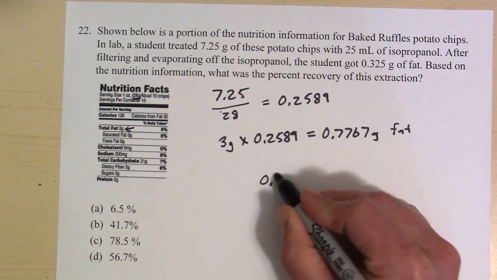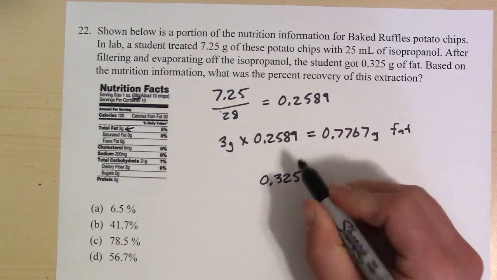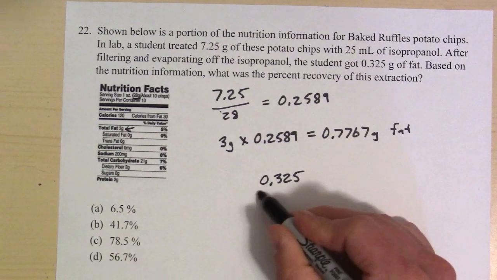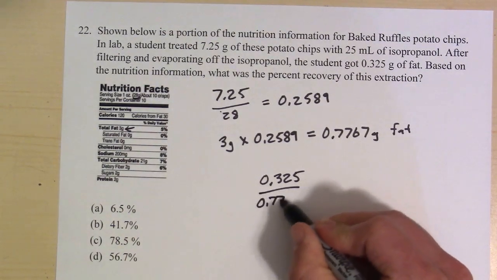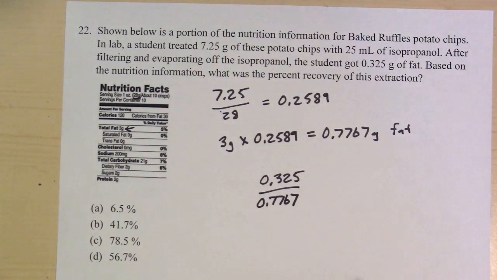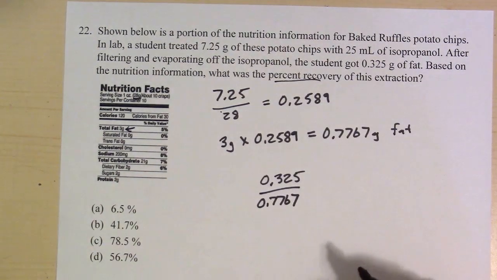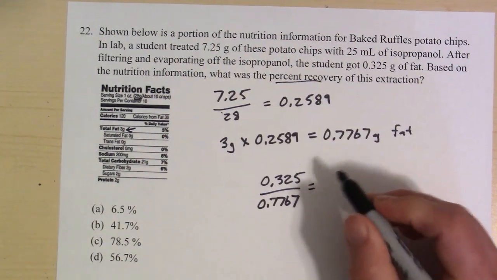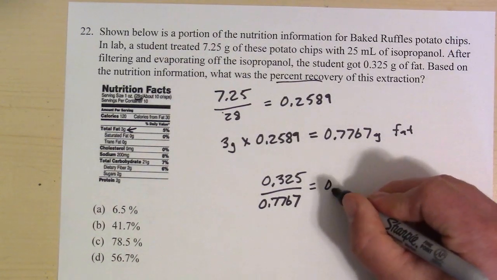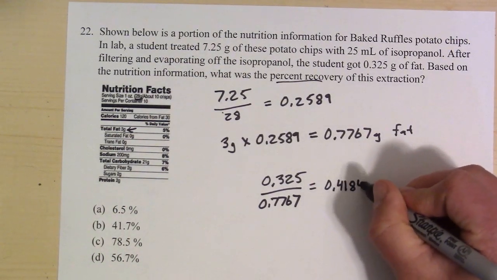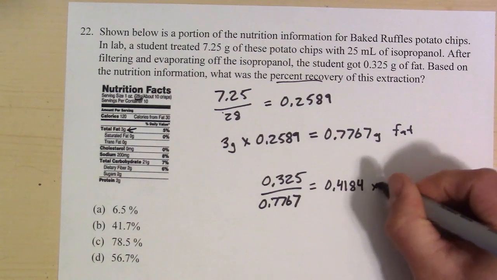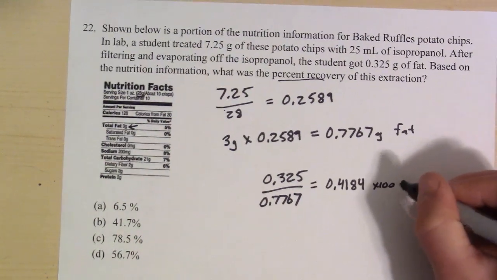Similar to the alum problem, you put the actual yield over our theoretical yield. That is going to give us the percent recovery, which is what we're looking for of the extraction. So that will be 0.4184. We multiply that times 100 to get our percentage.